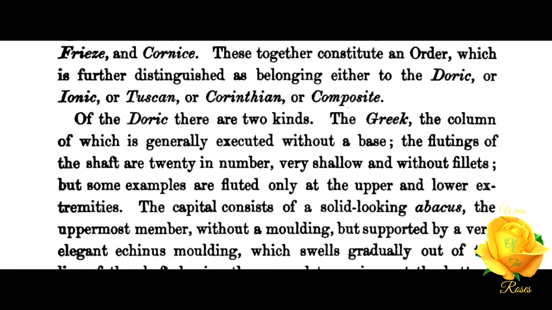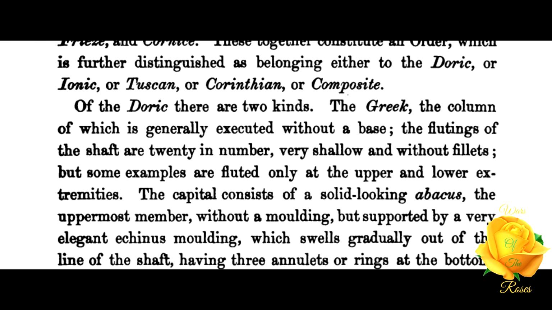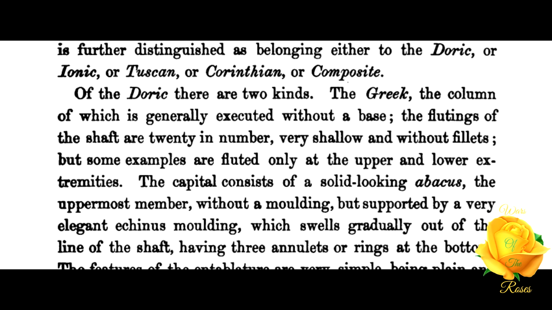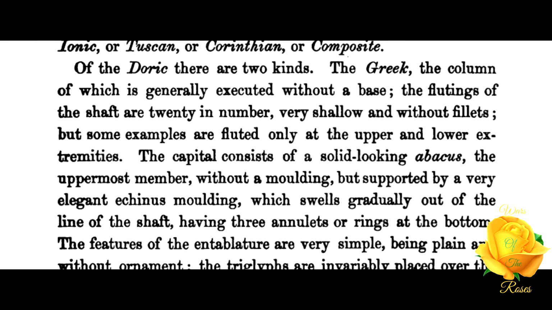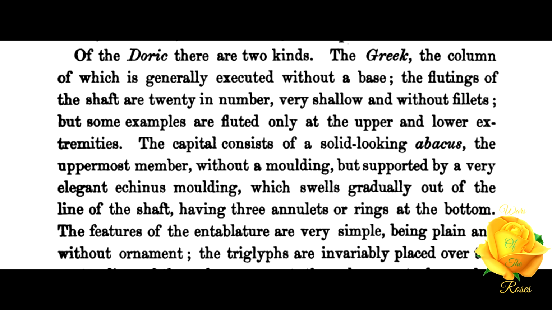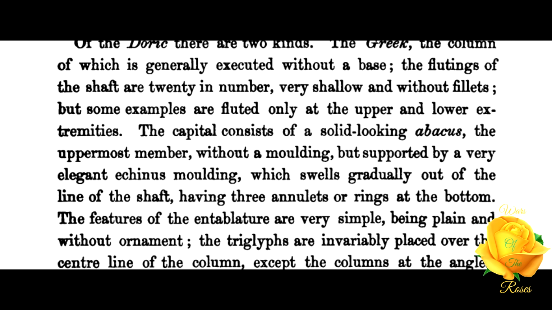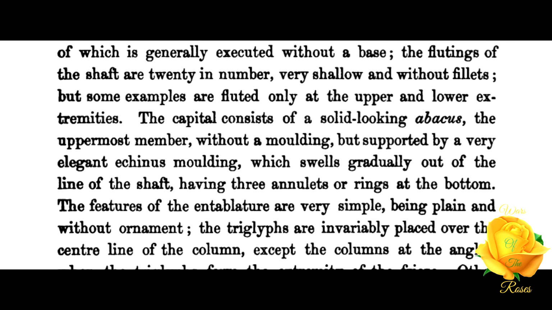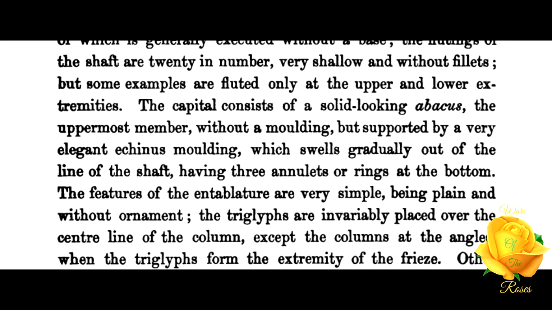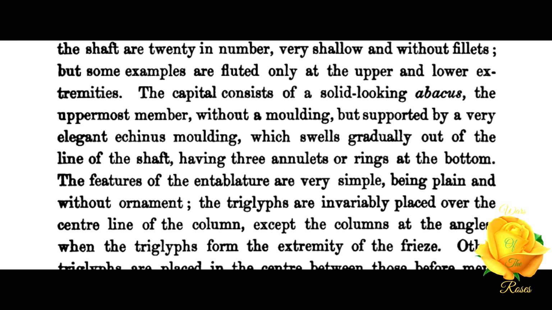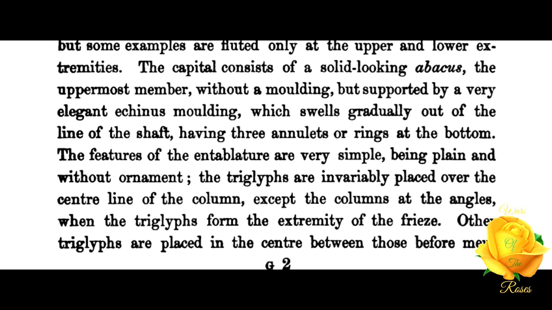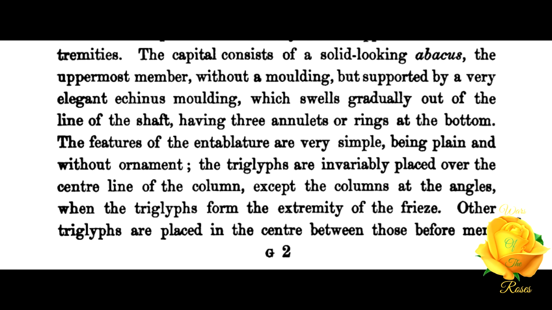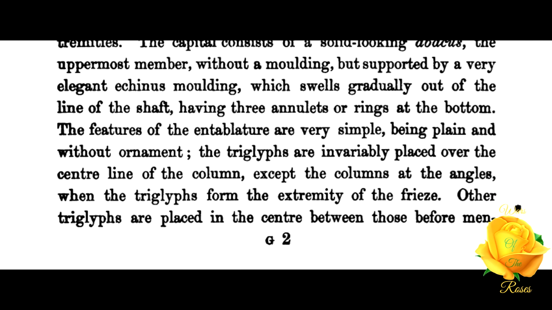Of the Doric there are two kinds. The Greek, the column of which is generally executed without a base. The flutings of the shaft are 20 in number, very shallow and without fillets. But some examples are fluted only at the upper and lower extremities. The capital consists of a solid-looking abacus, the uppermost member without a moulding but supported by a very elegant echinus moulding, which swells gradually out of the line of the shaft, having three annulets or rings at the bottom.